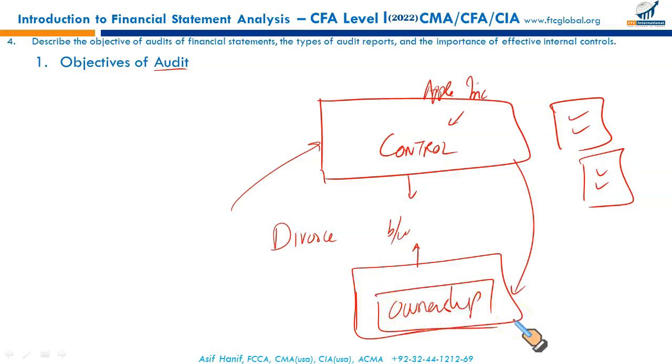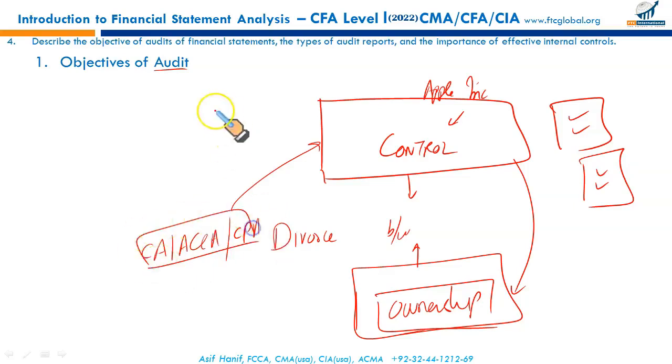In order to protect the interest of the owners, the shareholders, under the corporate laws, listed companies are required to get their financial statements audited by us, chartered accountants, ACCAs in England, CPAs in the US. Qualified professional accountants, in the US CPA firms, are the ones appointed by the board of directors, specifically the audit committee.